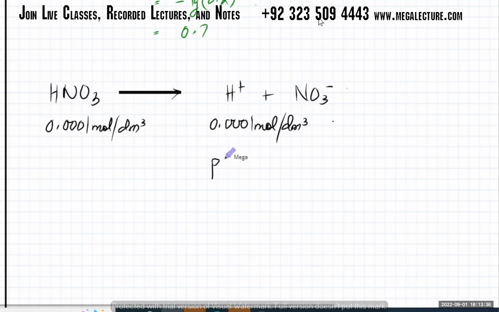What is the pH? It's negative log of the concentration of 0.001. So what value do we get? So we're getting 4 for this. The pH for this one is 4.